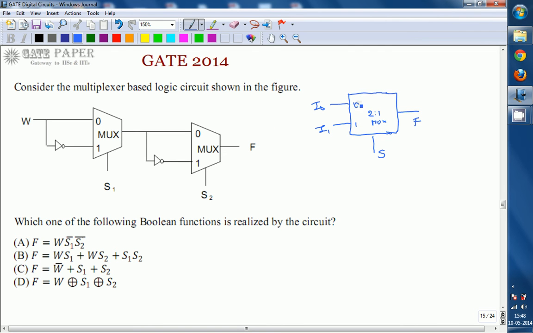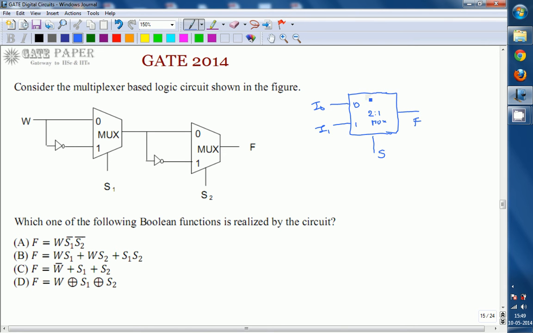So how will the products be generated? S is going to take either the value 0 or 1. We know the operation of a multiplexer: whenever S is equal to 0, that is the control signal is 0, this line is selected and connected to the output. Otherwise, whenever S is equal to 1, this line is selected and connected to the output side.